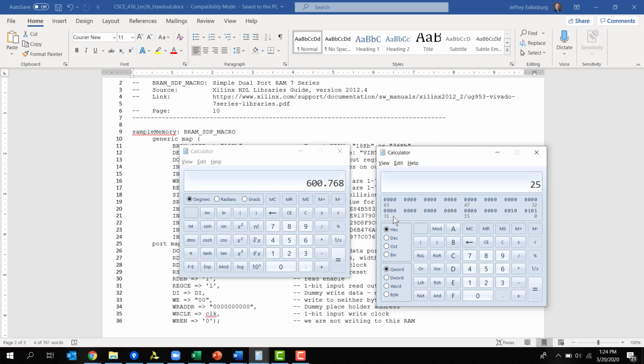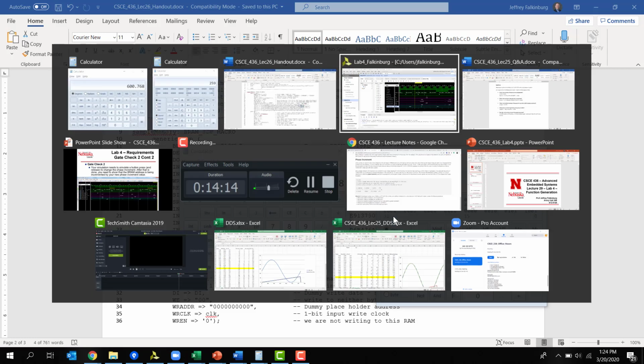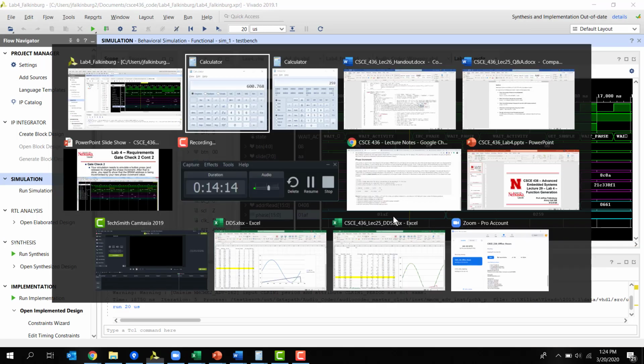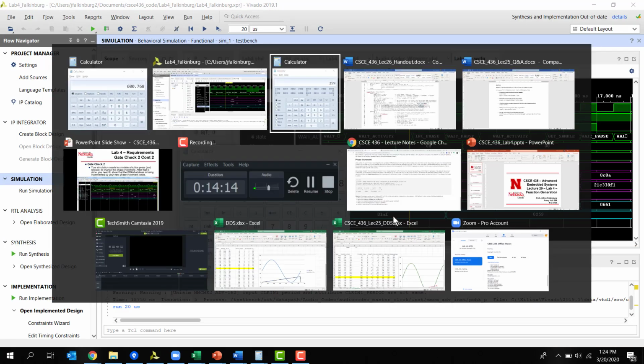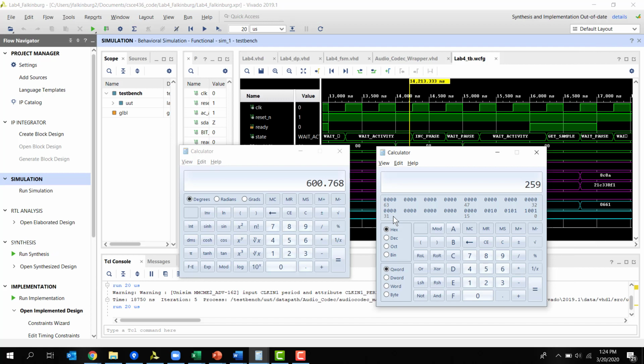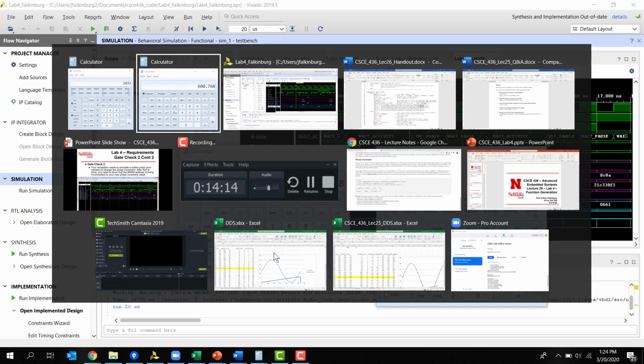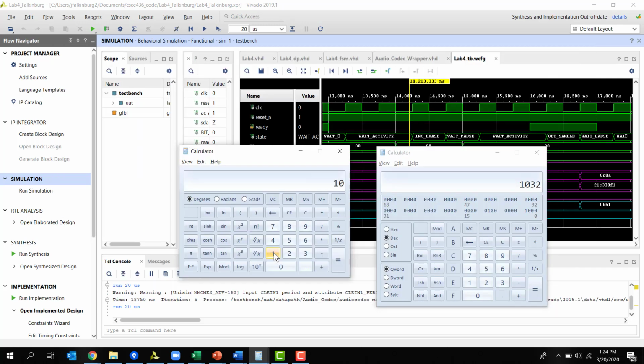In hex 259 plus 1AF gives us 408 hex, and in decimal is 1032.